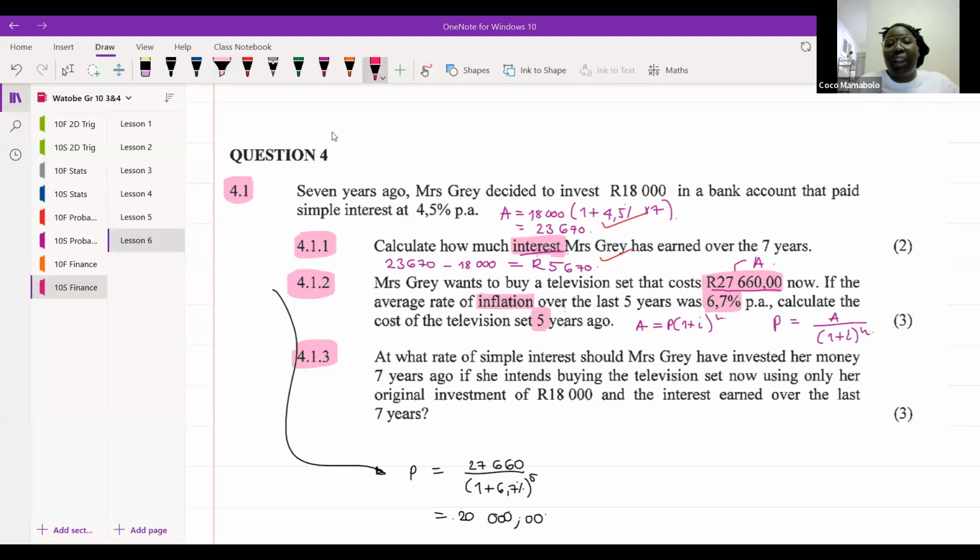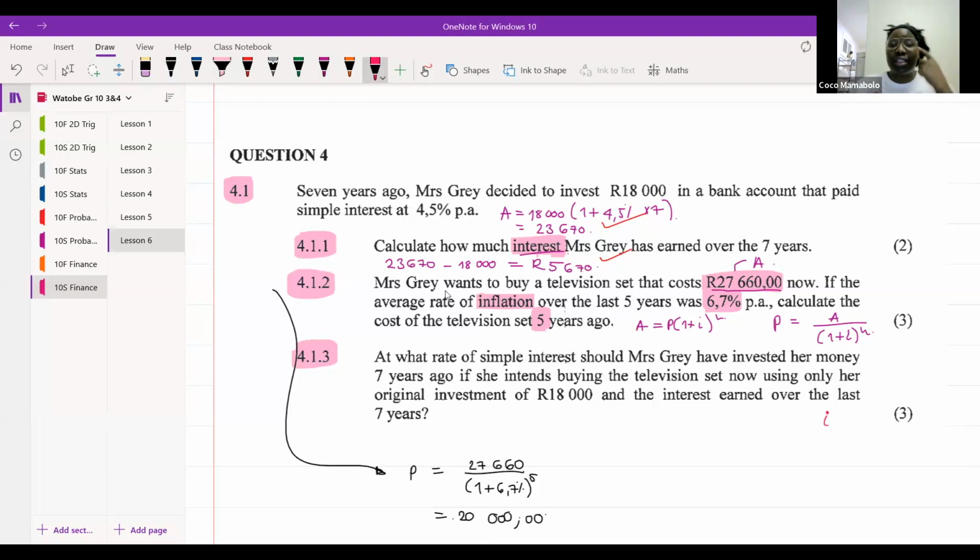Who can tell me, what are they asking of us in this last question? What they want us to calculate in 4.1.3? Read through the question and see exactly what it is they're asking for of you. Nyasha, you rock star. Yes, that's it. They're asking for us to find i.